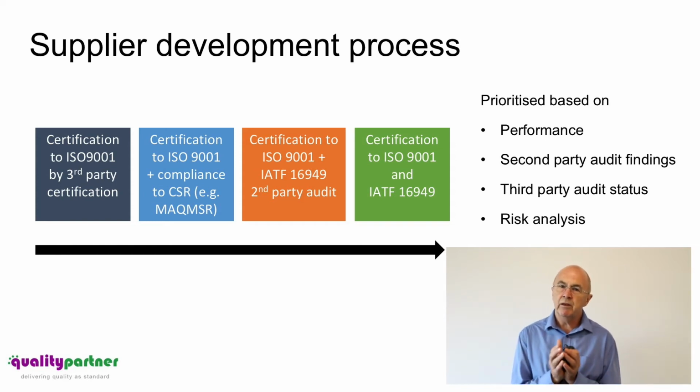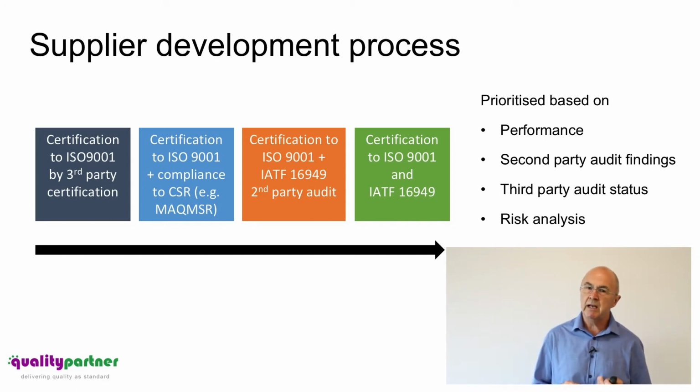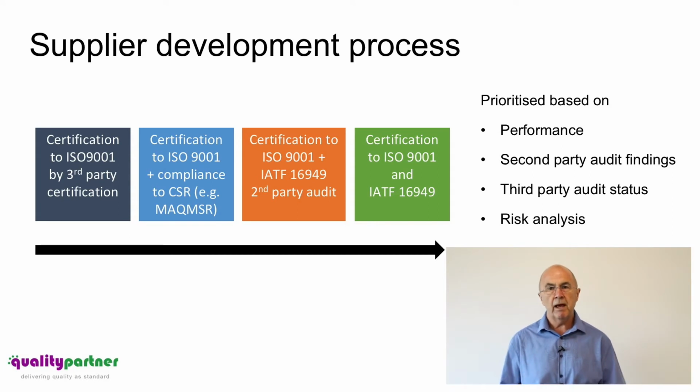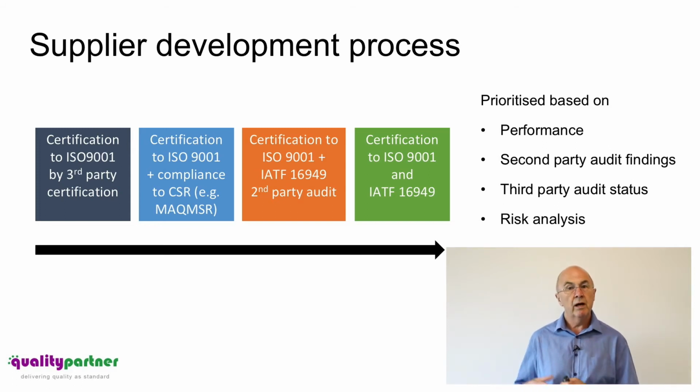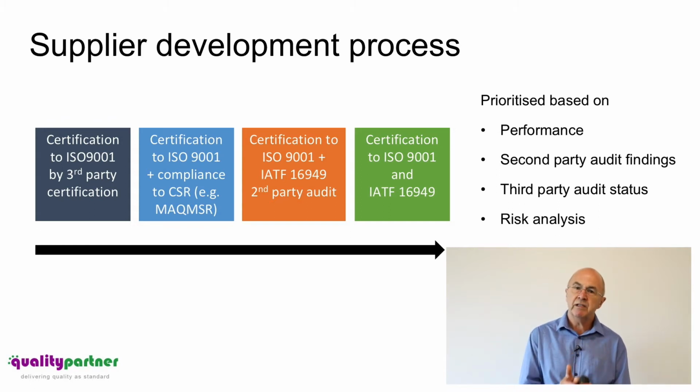So this may be something that we could use as a second-party audit document to try and move an ISO 9001 supplier forward. So for example, in these minimum automotive requirements, it will require the supplier to have FMEAs, require the supplier to have control plans, require the supplier to do measurement system analysis, require the supplier to do statistical process control and statistical analysis of their processes. That's all defined in this customer document called MAQ MSR. But this is only an example.